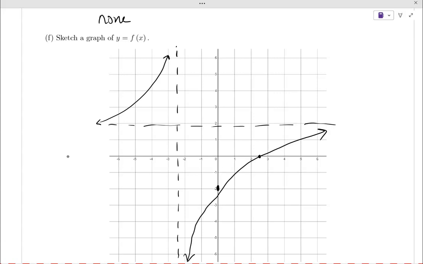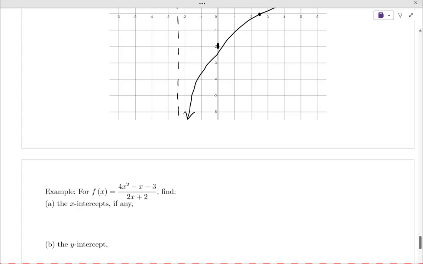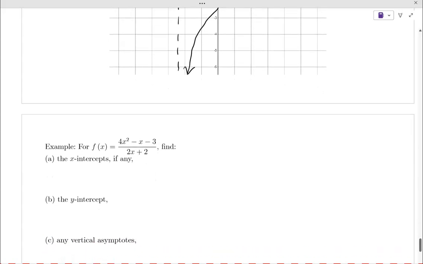Questions on that one at all? Okay. I think the last example, I'll let you work on that one on your own for practice, but notice what's going to happen. What kind of asymptote are you going to get for that one? An oblique. And remember, to find your oblique, you have to use polynomial long division.